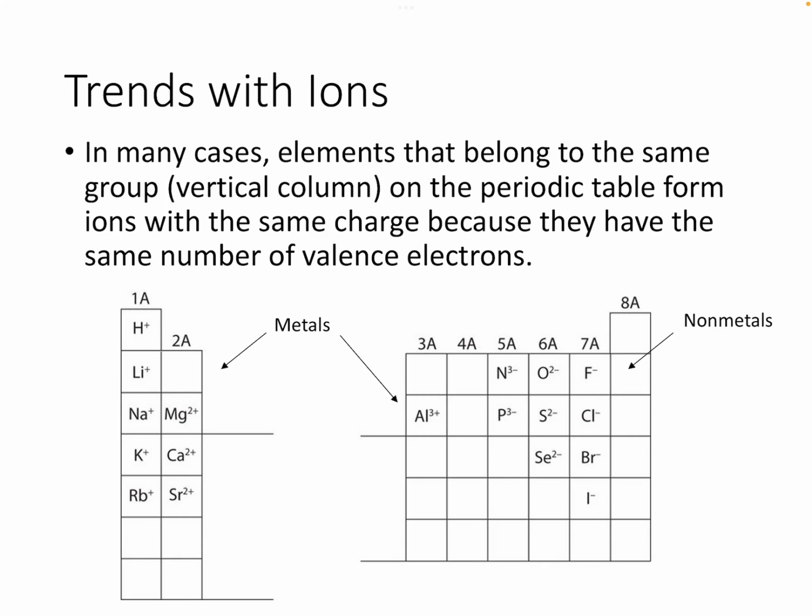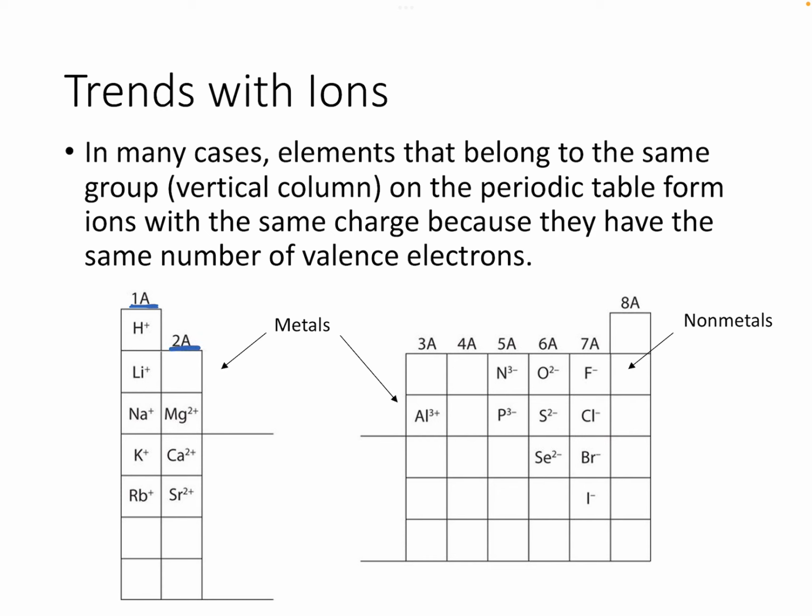So let's look at some trends here with the ions that we've talked about. In many cases, elements that belong to the same group or column on the periodic table form ions with the same charge. And that's because they have the same number of valence electrons. So remember, we said that everything in column 1 has 1 valence electron.